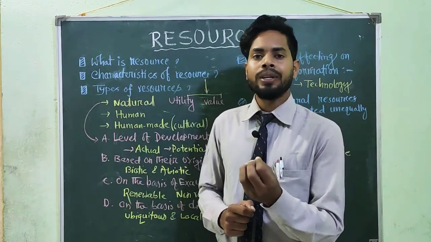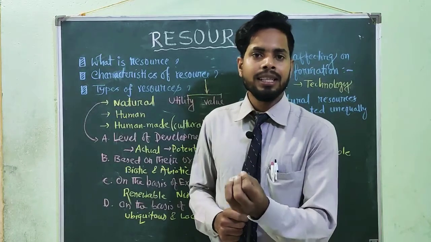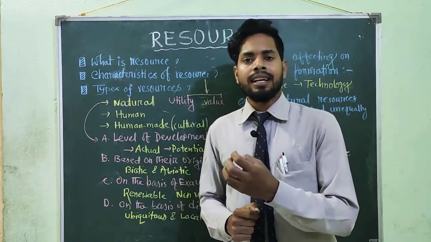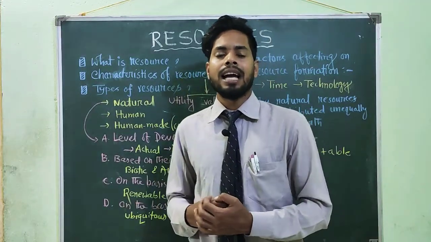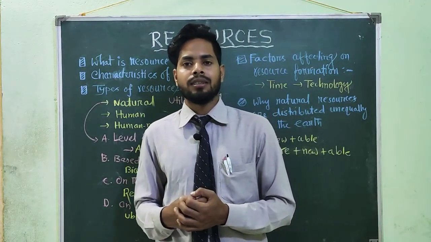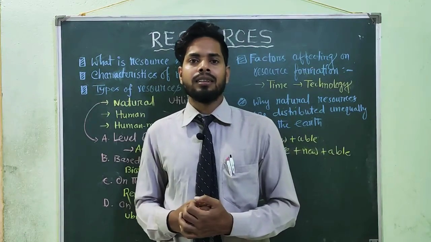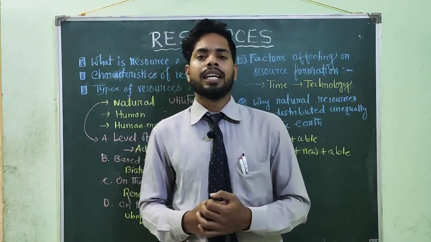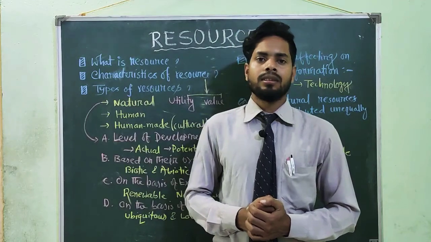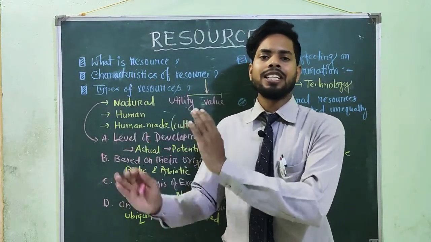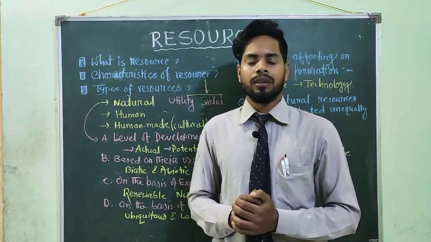We don't know its quality and quantity, and its utilization has not been started because we can't collect it due to the lack of technology. So these resources are referred to as potential resources.